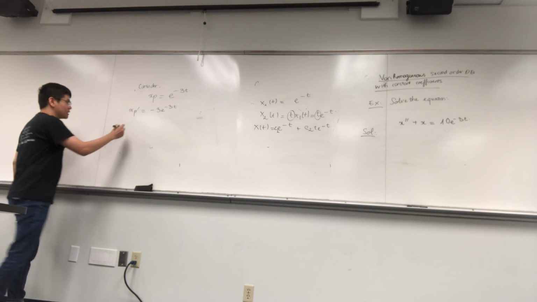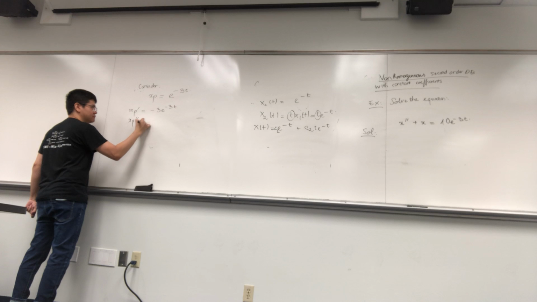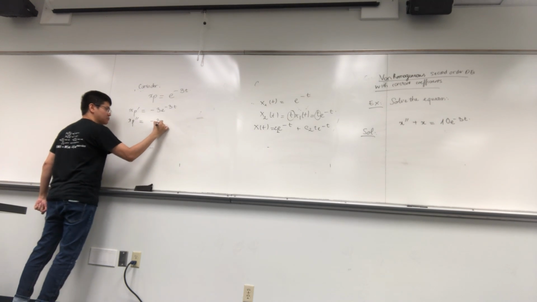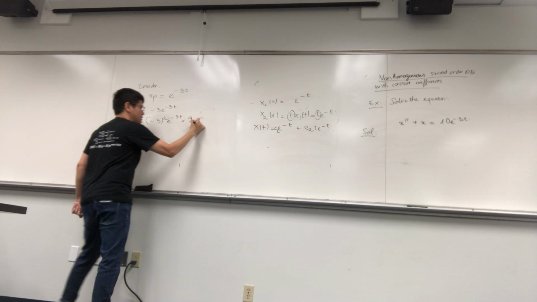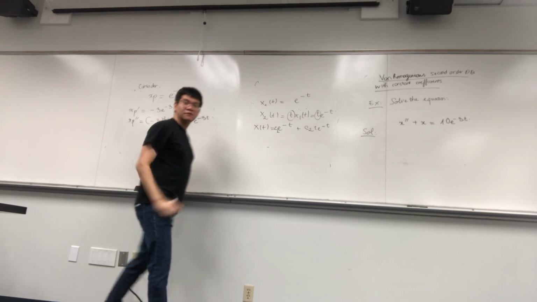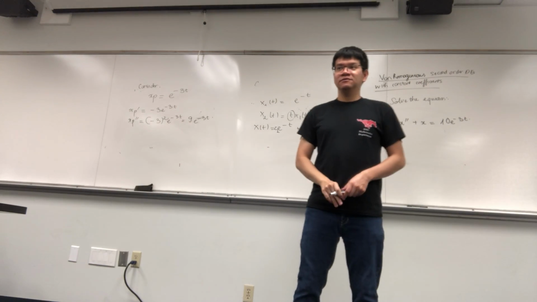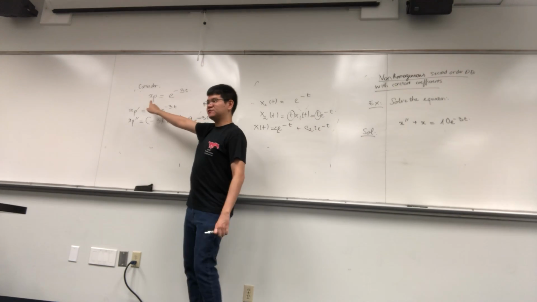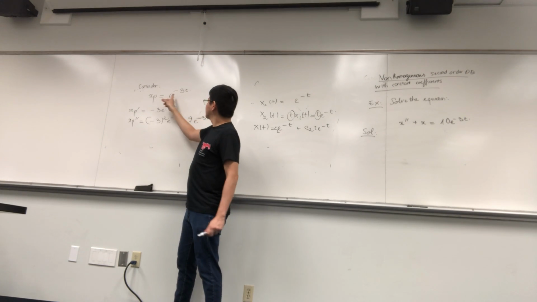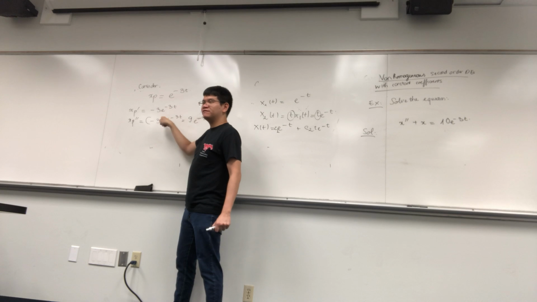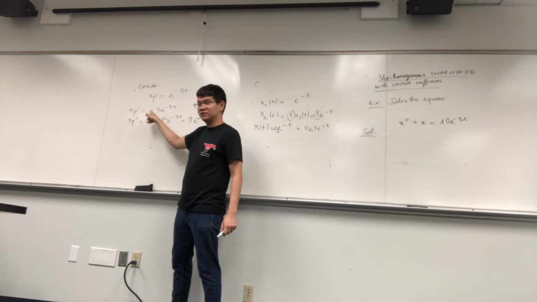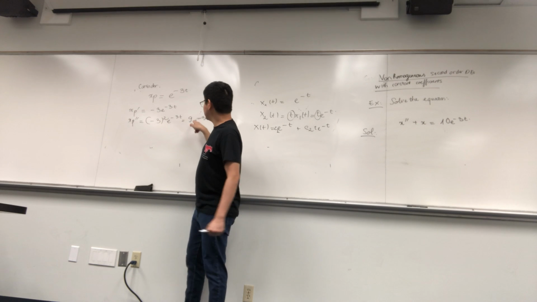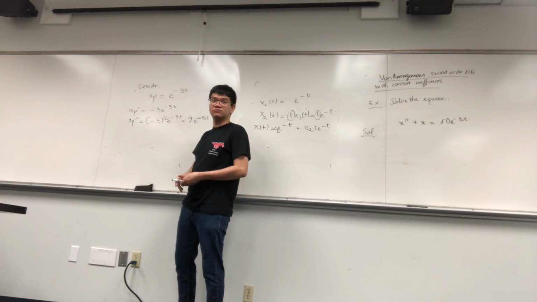I take the second derivative, this gives me minus 3 squared e to the power minus 3t, and this is 9 e to the power minus 3t. The exponential derivative will give me an exponential, but the minus 3t derivative will give me minus 3.